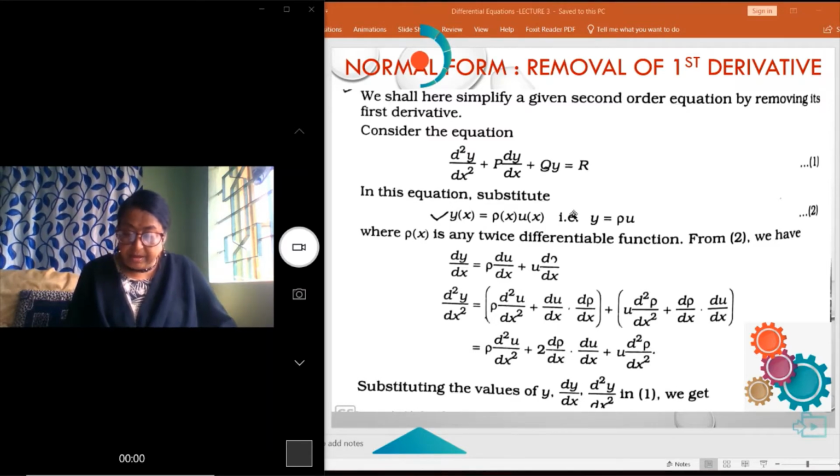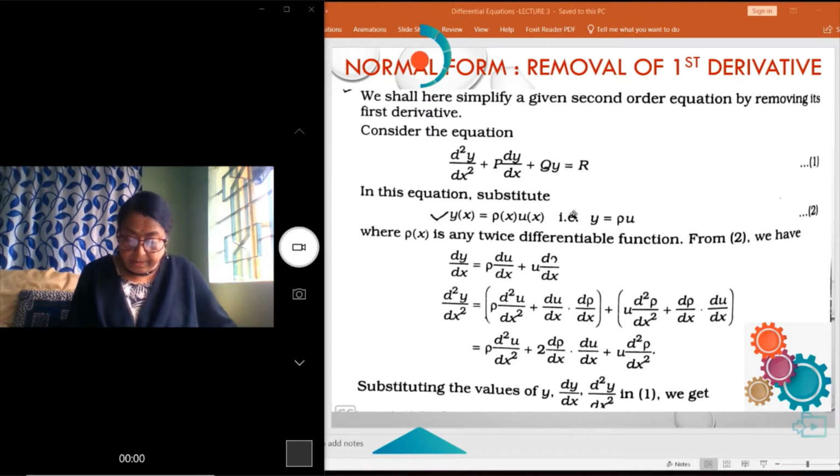Let the equation be d2y/dx² + p dy/dx + qy = r. Now take y(x) = ρ(x) u(x), that is y = ρu.